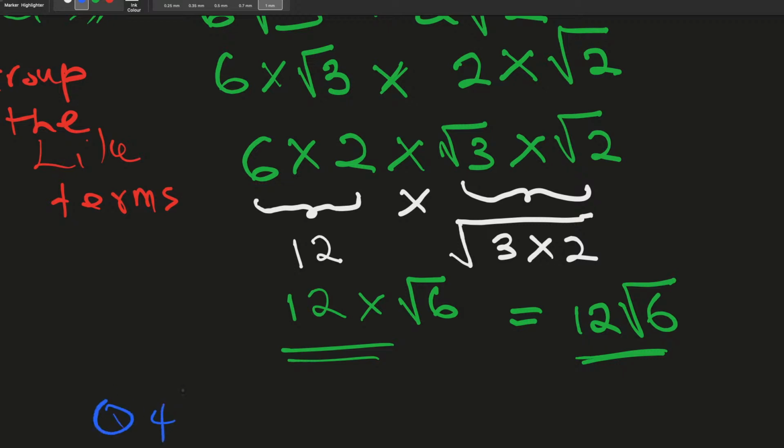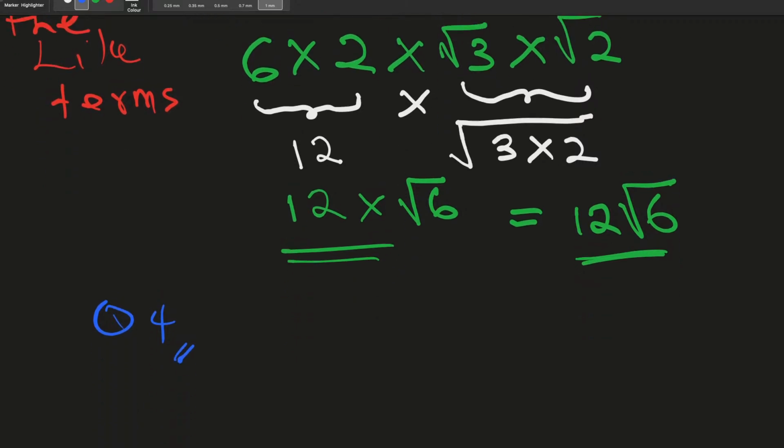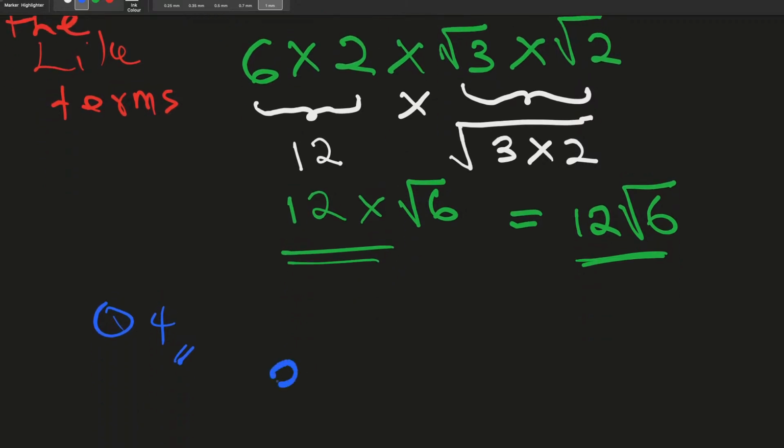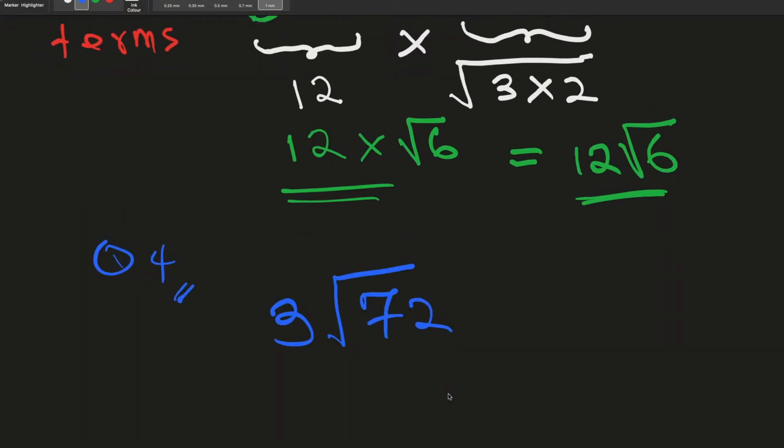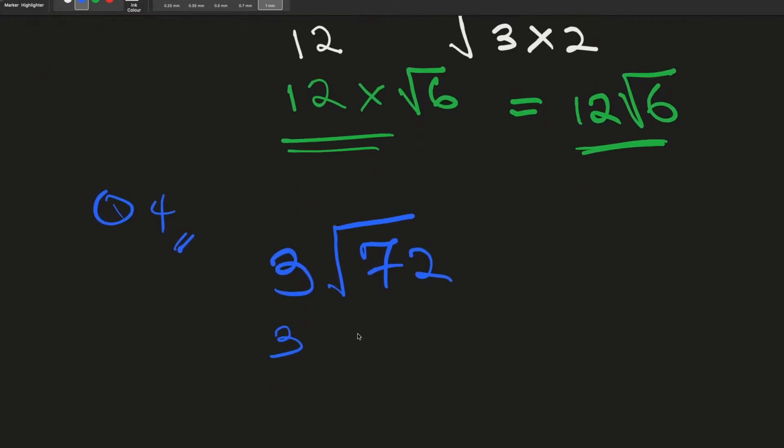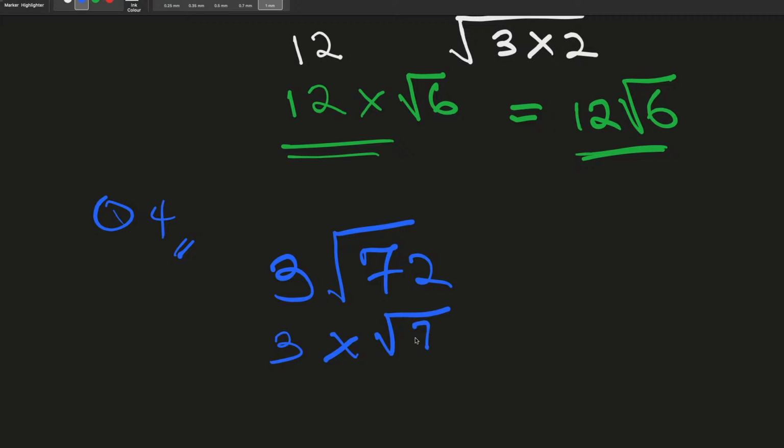It says simplify 3 root 72. What this one means is 3 multiplying the square root of 72.